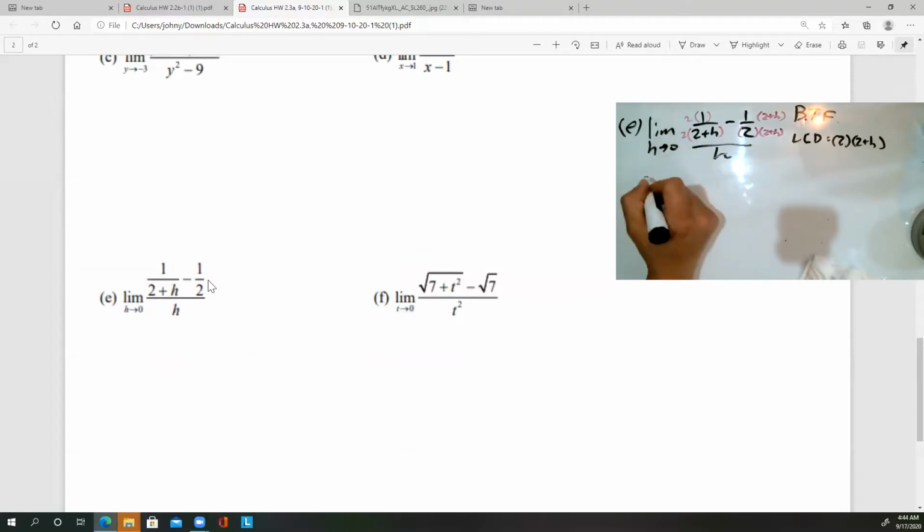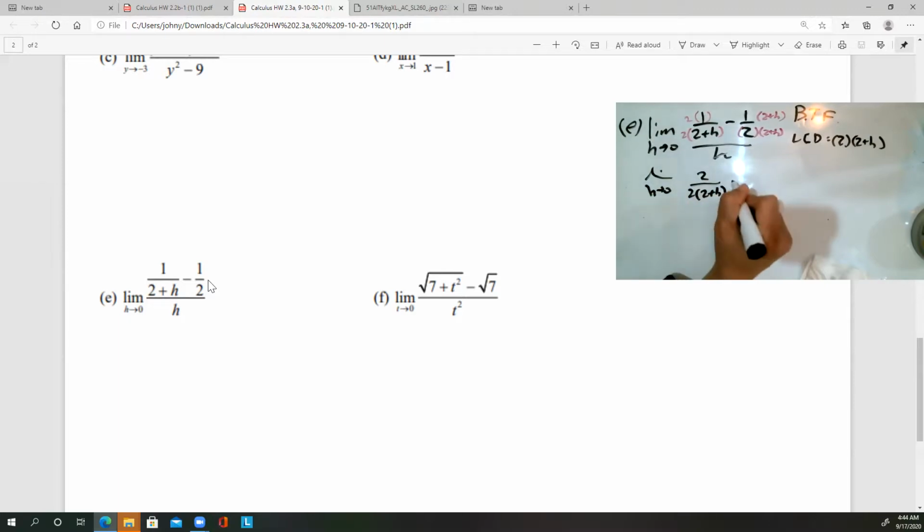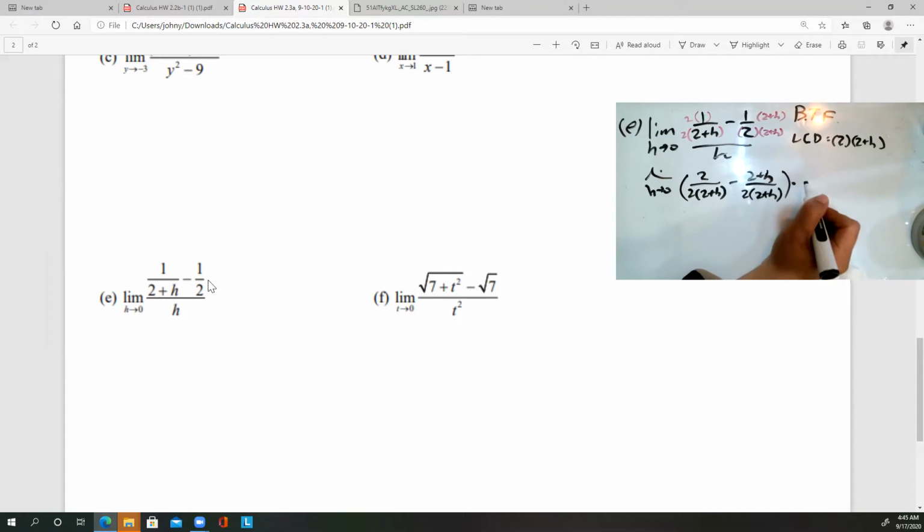So here you get the limit as h approaches 0 of 2 over 2 times 2 plus h, minus 1 times 2 plus h, which is 2 plus h, all over 2 times 2 plus h. And instead of dividing by h, I'm going to multiply everything by 1 over h.